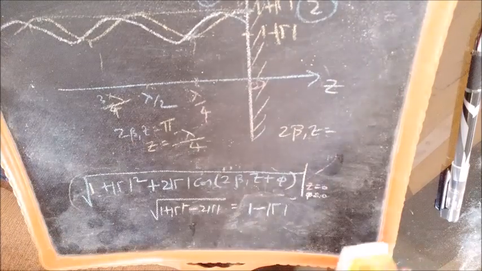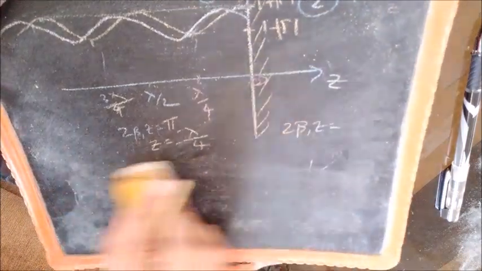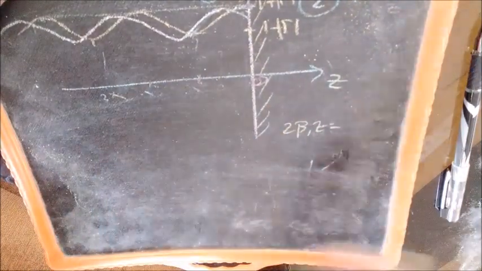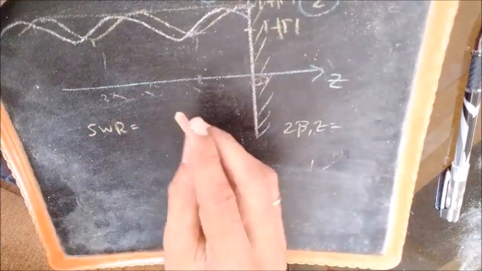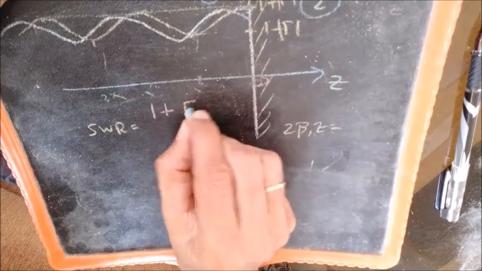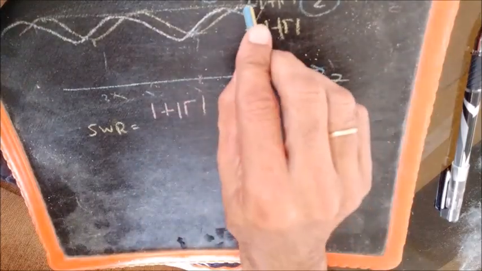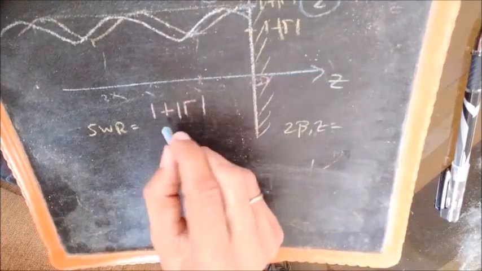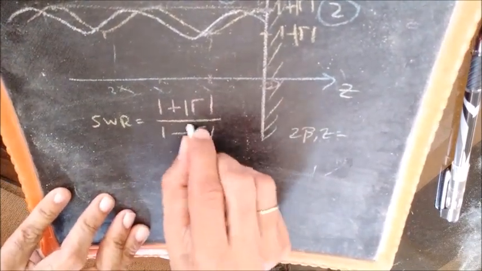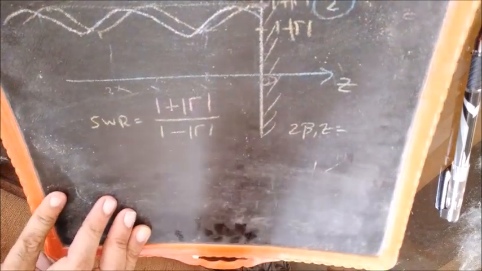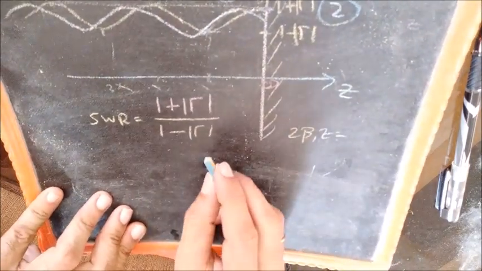So the simulation we will see shortly, but before that we have to also define what we mean by the standing wave ratio. The standing wave ratio is by definition the maximum amplitude that you can have for the reflected wave, which is 1 plus gamma, divided by the minimum, which is 1 minus gamma. This is by definition the standing wave ratio.